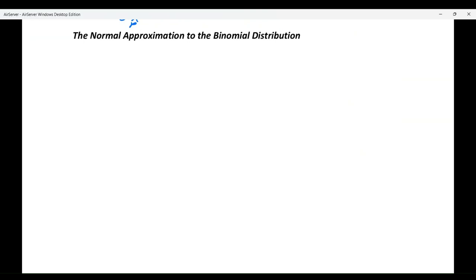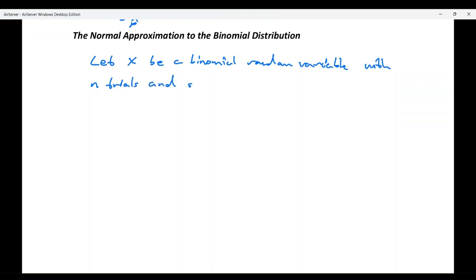So let's start with how we make this transition. We are going to let x be a binomial random variable with n trials and success probability p.